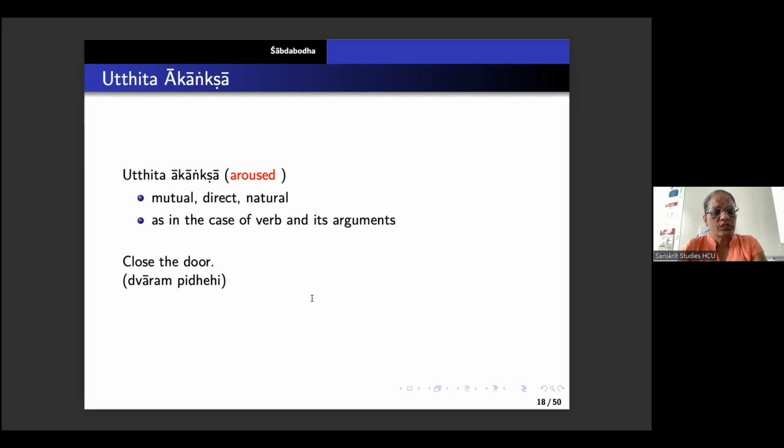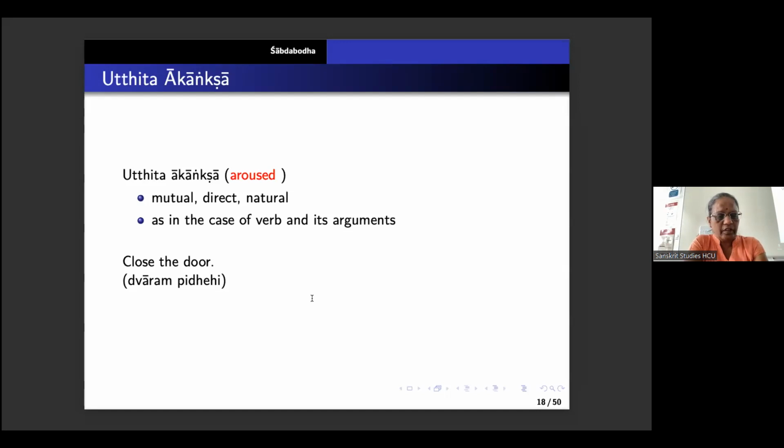So when you say close the door, the verb close has the expectancy: what needs to be closed? And the door, being in the object position, has an expectancy for the verb: what needs to be done with the door?